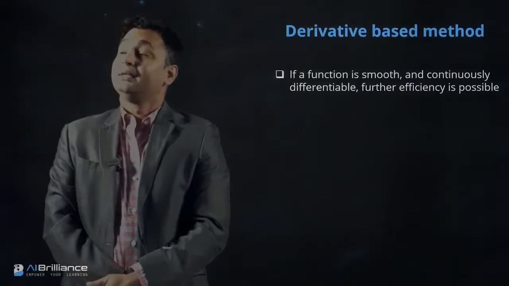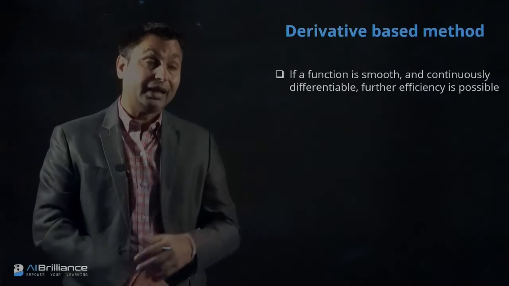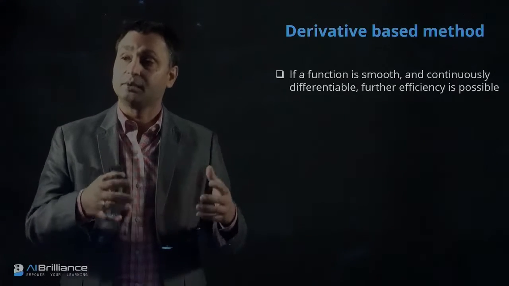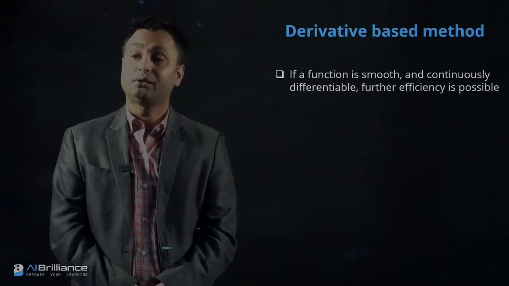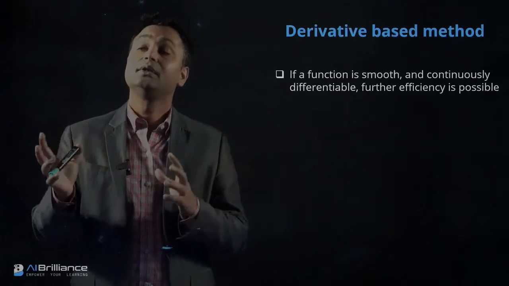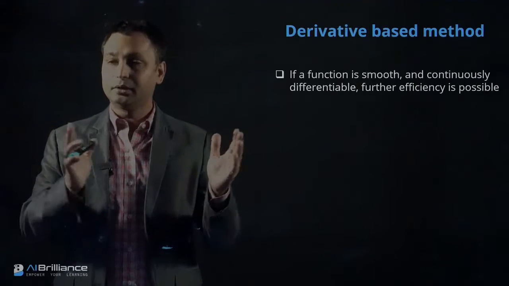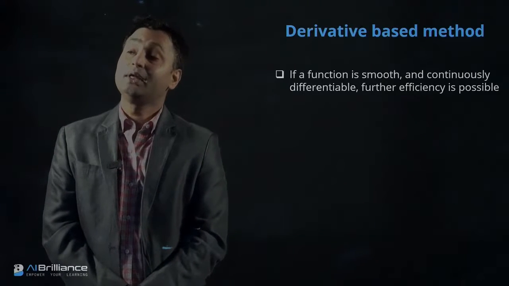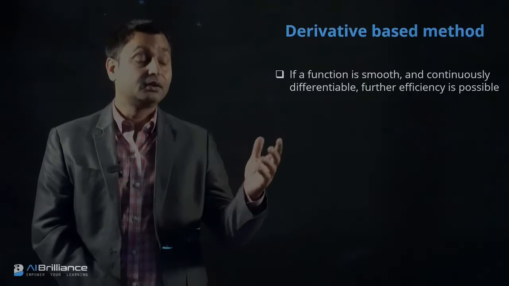And why is this useful? If the problem that we have is smooth and continuously differentiable, then we can get a very highly efficient algorithm that could be way faster than the golden section algorithm. In golden section we reduce the interval, but further efficiencies can be gained with a derivative-based approach such as Newton-Raphson.